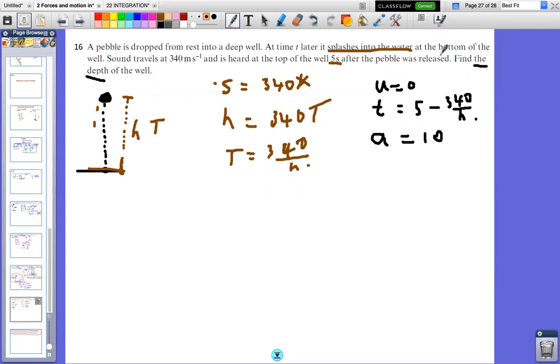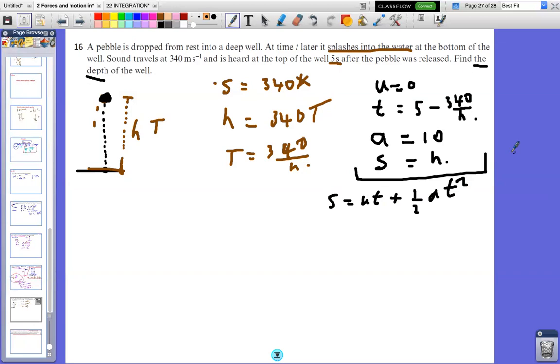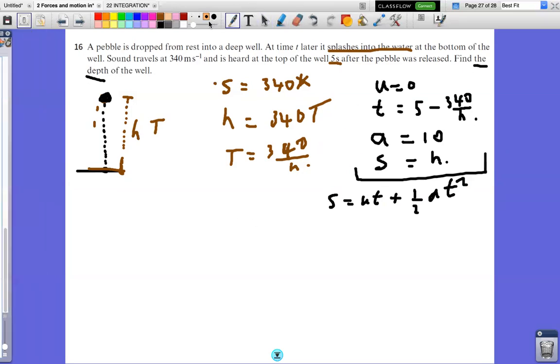And then what else do we know here? Nothing else. Let's use S. S is H. So which equation of motion can we use here? S is equal to ut plus half at squared, right? U is 0.